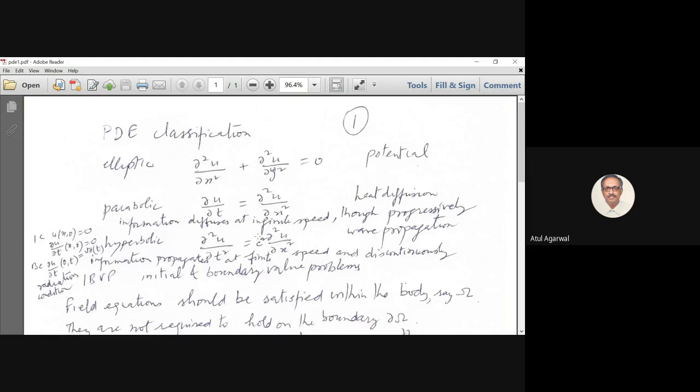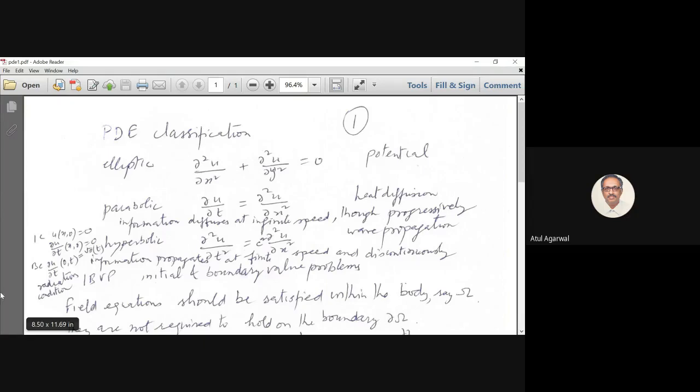So at x equal to 0, you will have to give boundary conditions like velocity for all time, and for x equal to infinity, you have some radiation condition. The radiation condition involves zero velocity at the far off end. So you have a solution that doesn't grow up, or stays bounded at x equal to infinity. Such are the initial and boundary value problems.